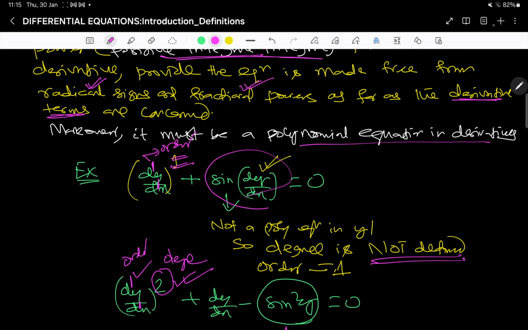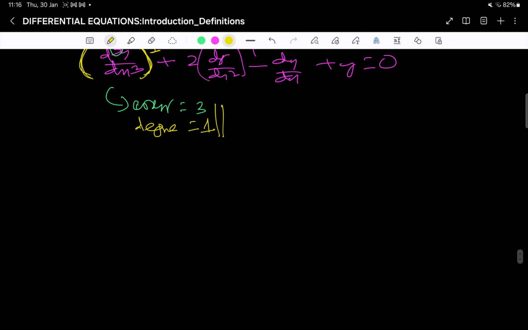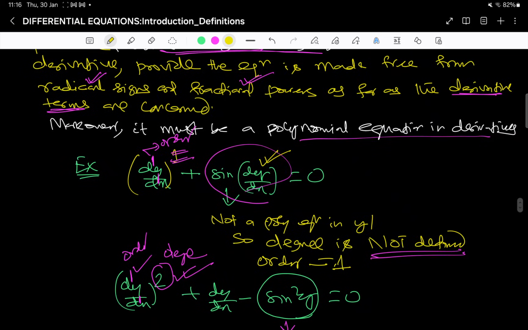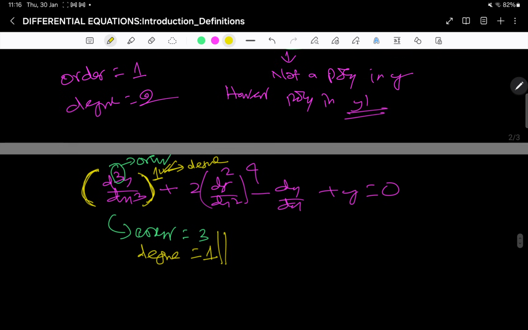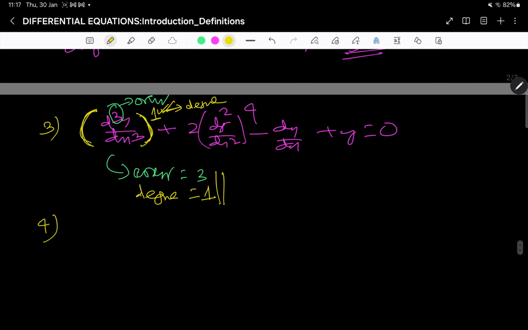Okay, now coming to some more examples. Suppose you have dy by dt whole cube is dy by dt whole square plus 3 root over.